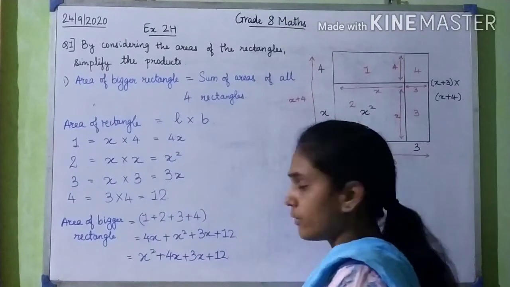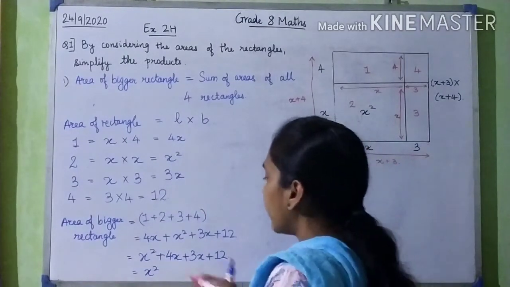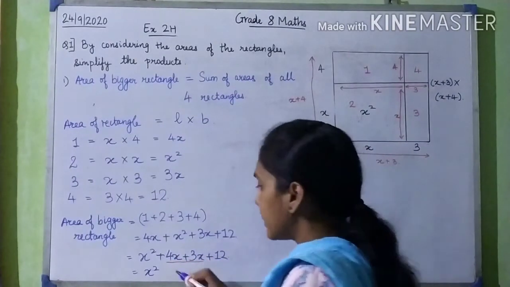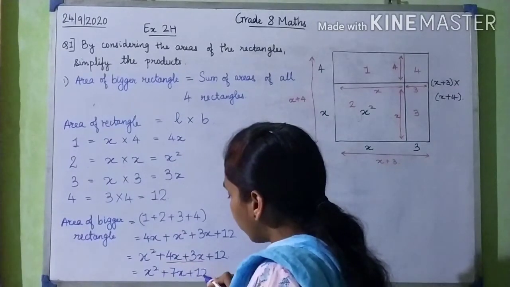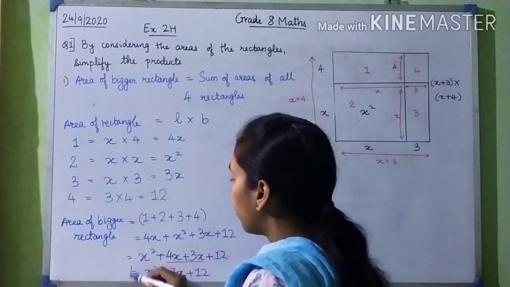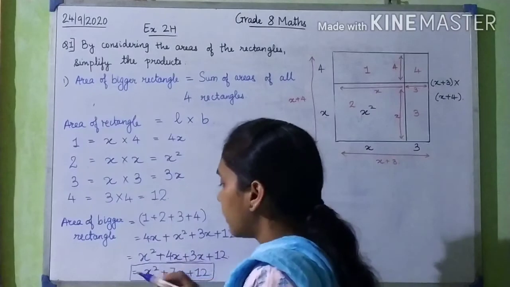So we write it only once. Then we get x square. We add the like terms together. These two are the like terms. So what is 4x plus 3x? 7x. So we get plus 7x plus 12. Okay. So area of the bigger rectangle, we have got x square plus 7x plus 12.